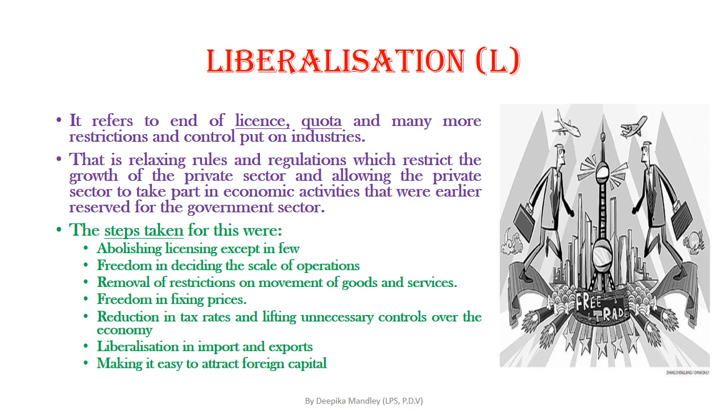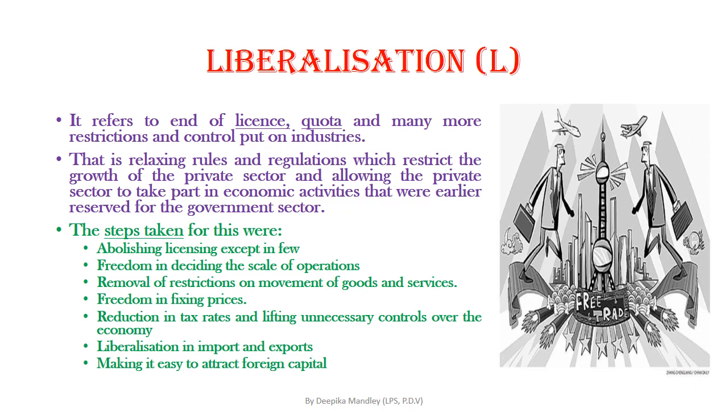Now, we had studied this in class 11th also in your chapter number 3, that there were 17 sectors that were reserved for the government sector only, and later on it was reduced to 8, and now there are only 3 sectors that are reserved for the government sector only.